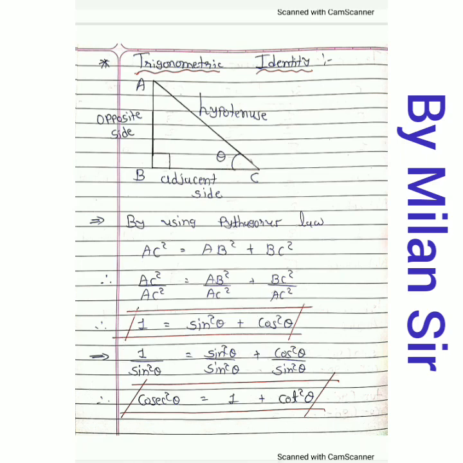Now 1 upon sine theta is the formula of cosec theta, so I can write cosec square theta because square is there. Sine square theta cancels, so 1. And cos square theta upon sine square theta is the formula of cot, so cot square theta. So here we got our second identity: cosec square theta is equal to 1 plus cot square theta.